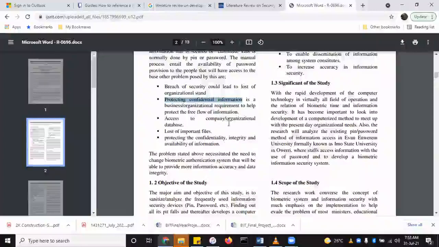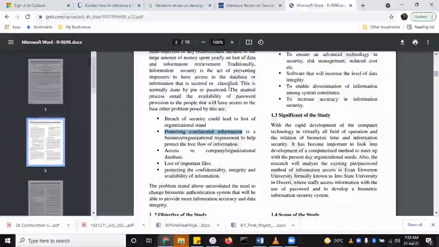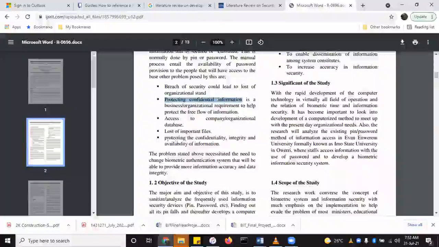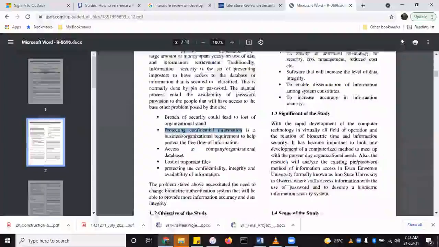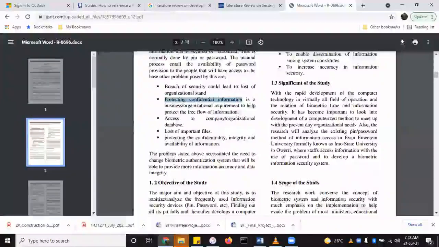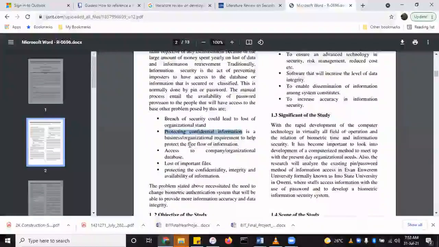Access to company organization databases is also a problem when you use manual processes. Loss of important files, yes, manual processes always give you some of these issues. And protecting confidentiality, integrity and availability of information also poses a problem when you have a manual process of authenticating systems.